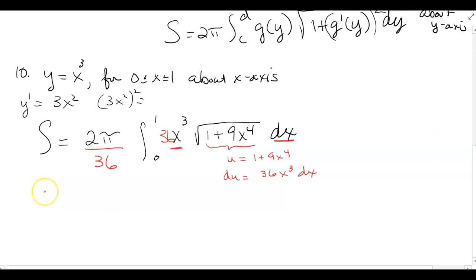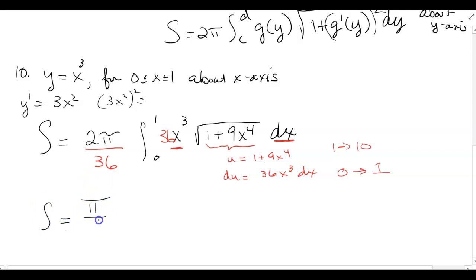So this is your basic u sub problem, which is then, don't forget the last piece: our limits. If you were to plug 1 into u, it would be 1 plus 9 goes to a 10. The upper limit from 1 goes to 10. And the lower limit of 0, when I plug it in here, 1 plus 0 goes to 1. If you go ahead and make those changes, it's just going to make the rest of the problem so much easier.